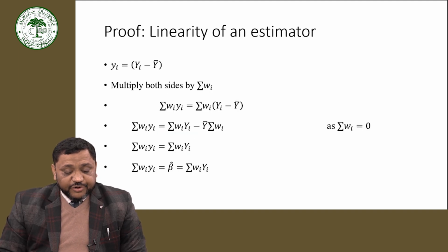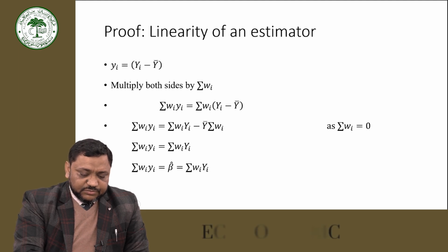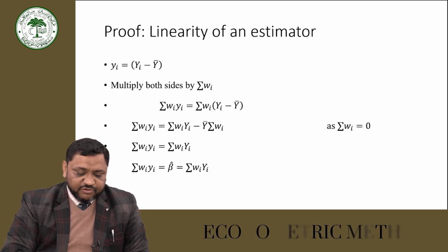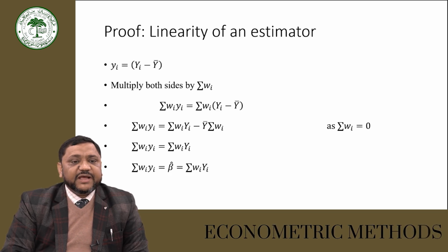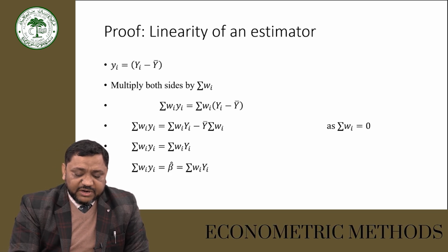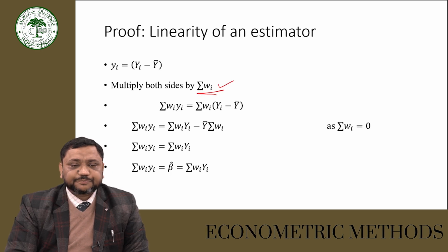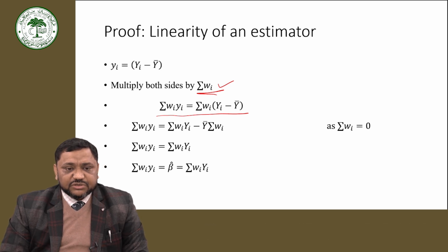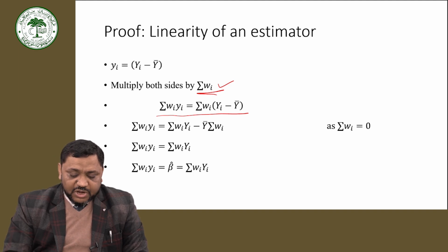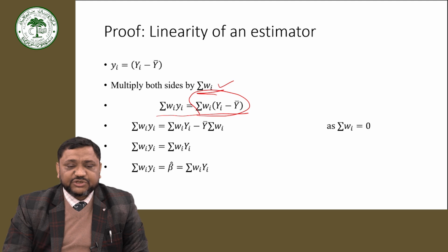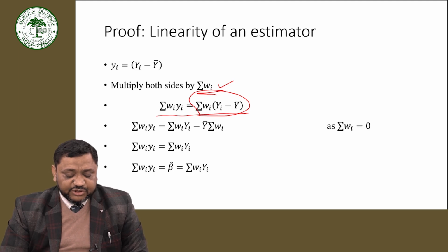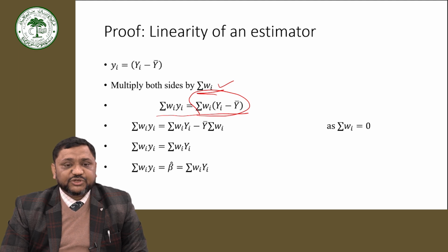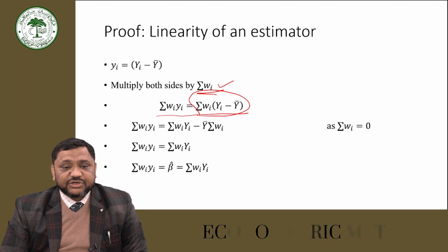Next, we know that yi, that is small yi in the deviation format, is equal to capital Yi minus y bar. Here again we multiply both the sides by wi. So we get summation wi yi is equal to summation wi bracket open capital Yi minus y bar. Now we open this bracket. So what we get is summation wi small yi is equal to summation wi capital Yi minus capital Y bar summation wi.